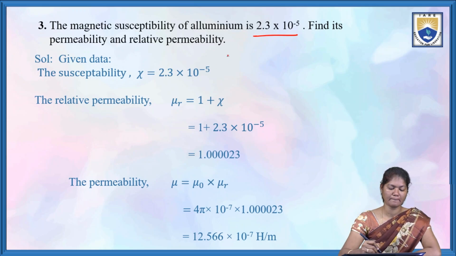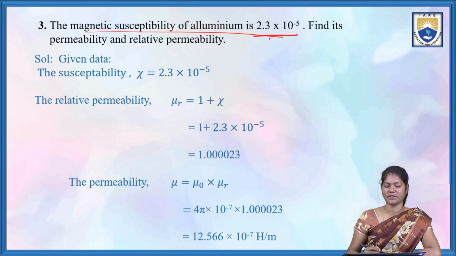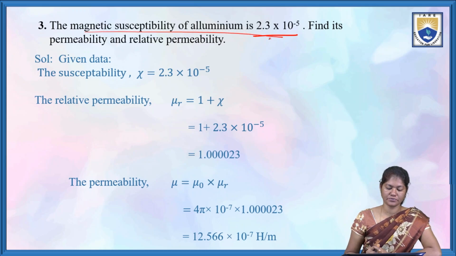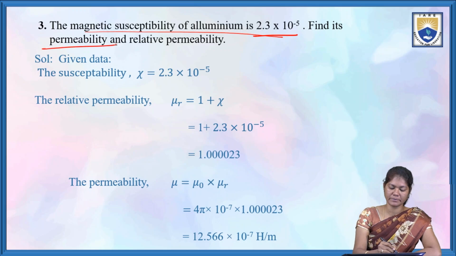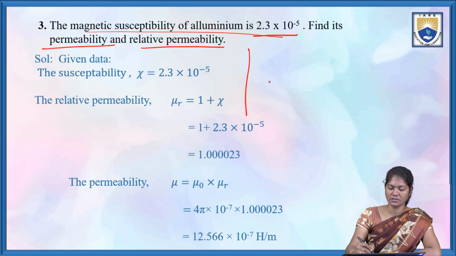Here the given data is the magnetic susceptibility of aluminium, and we need to calculate the permeability and then the relative permeability.